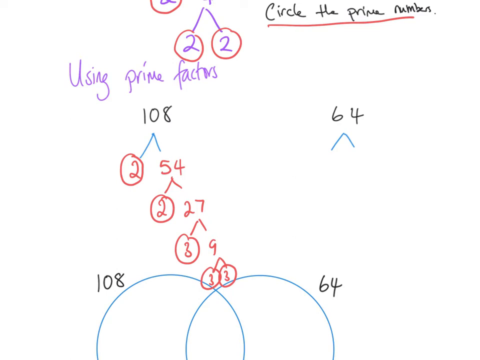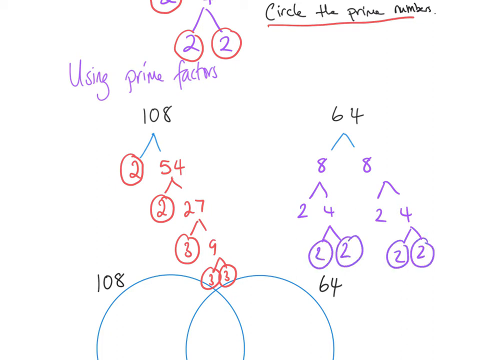And then breaking down the 64, we can do 8 times 8, 2 times 4, and then 2 and 2. And then we circle all the prime numbers.